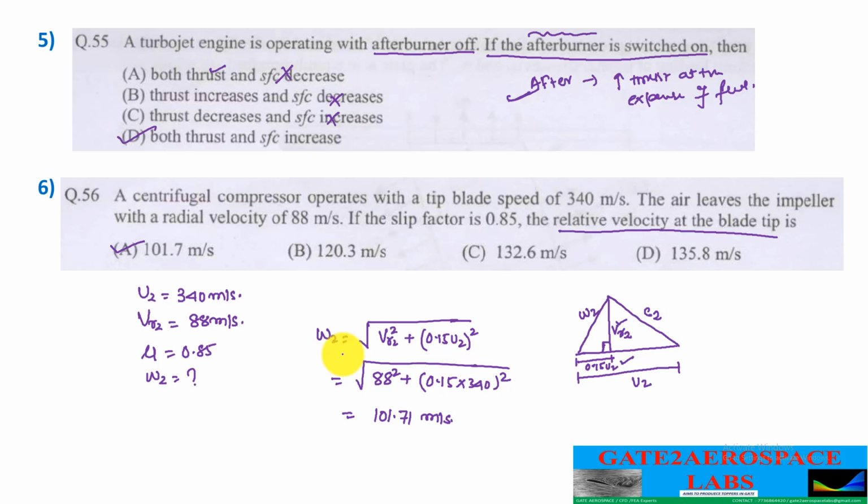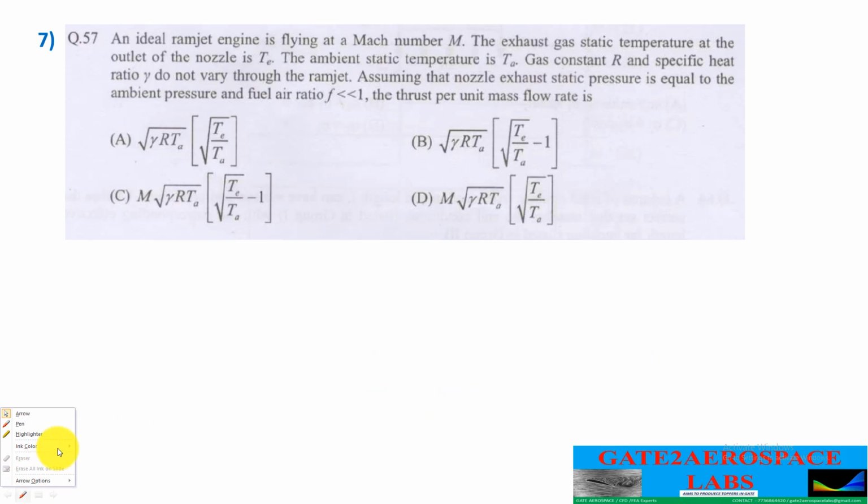Okay. Next question. You see in this question, an ideal ramjet engine is flying at Mach number of M. The exhaust static temperature at the exit is TE, and TA is the ambient static temperature.